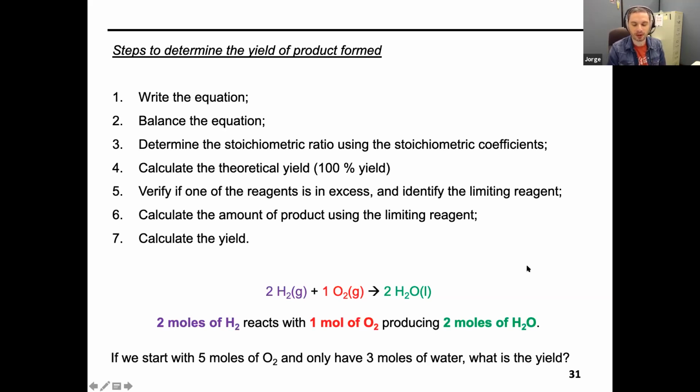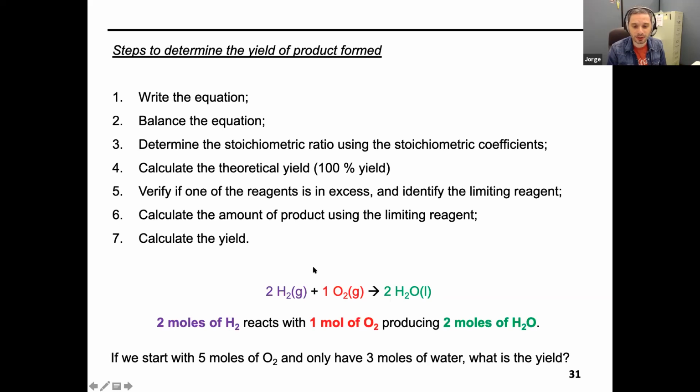Okay. So a final example here, we will go back to the water formation reaction. So hydrogen combined with oxygen produces water. Balancing this reaction, we know that we need 2 parts of hydrogen to 1 part of oxygen, and that will produce 2 parts of water.